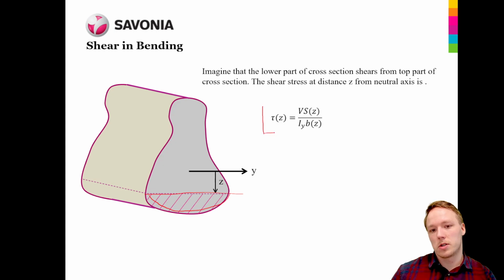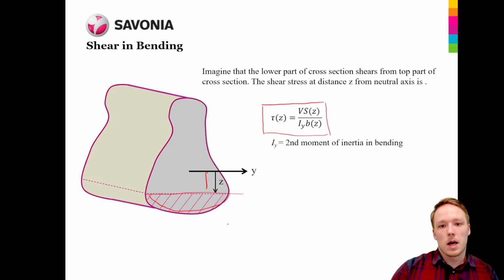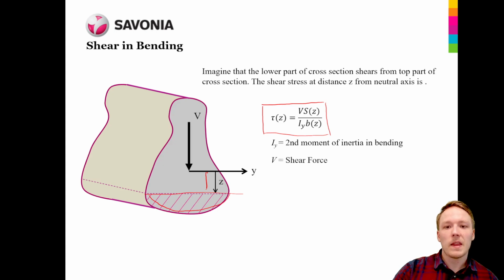Tau, which is the symbol for shear stress, as a function of z, which is the distance from the neutral axis to the point where we want to do the calculation. In this formula, the Iy is the familiar second moment of inertia in bending. V in the equation is the shear force caused by the external loading.